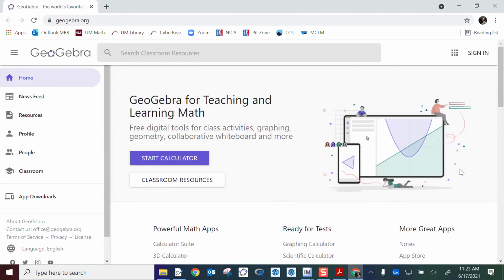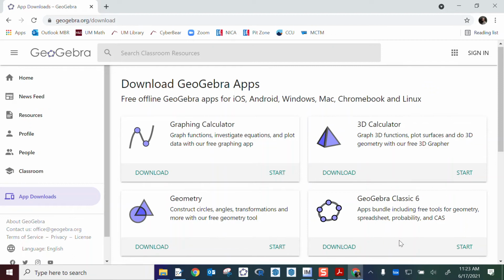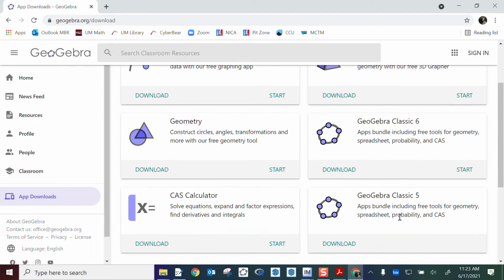So keep in mind that there are some resources here. But what you're probably going to want to do if you don't have it already installed is to get the app downloaded. It's freeware, so there is no charge for it. And the one that I like is GeoGebra Classic 5. You can use Classic 6 if you want to.